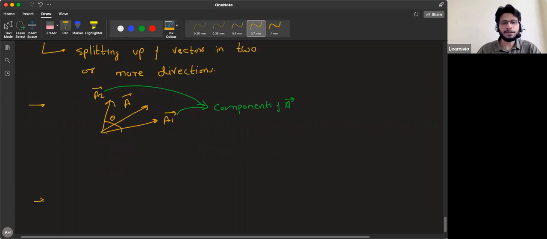But practically, whenever we use components, we use rectangular components.